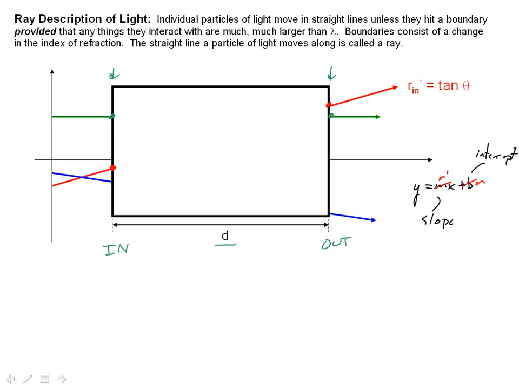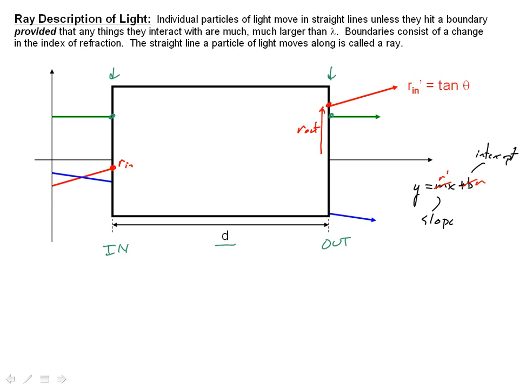So let's take the red ray as a slightly more interesting example. This is a fairly easy calculation to do. We know that r in is going to be a negative number, and we'll say this value is r out.